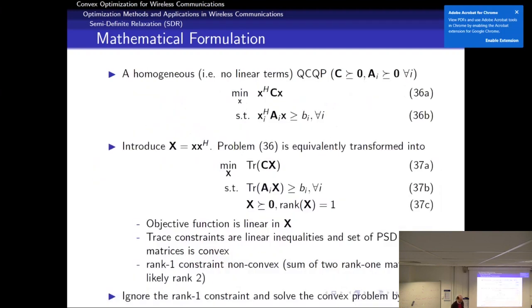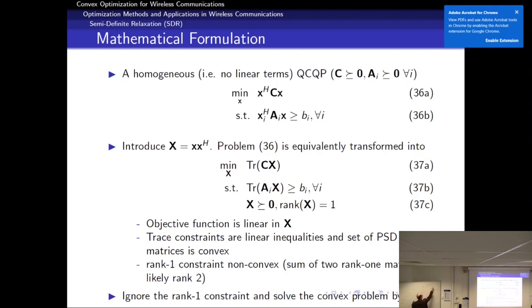So how do you do that? Well, you can formulate this as an SDP or an SDR by saying this quantity here, I will write this again, this is x Hermitian Cx. So this is a scalar, so I can say this is a trace of this, right?